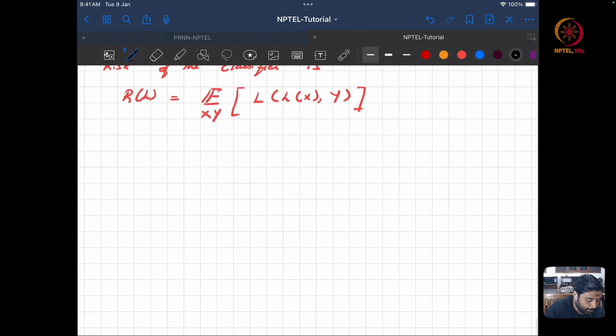Now what do we want? We want a classifier with the least risk value.